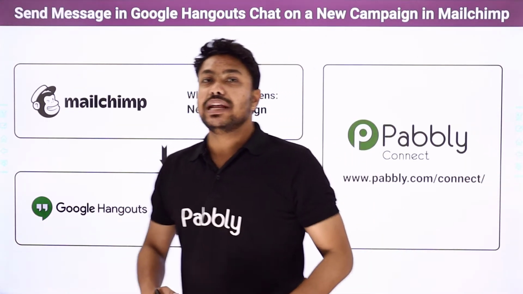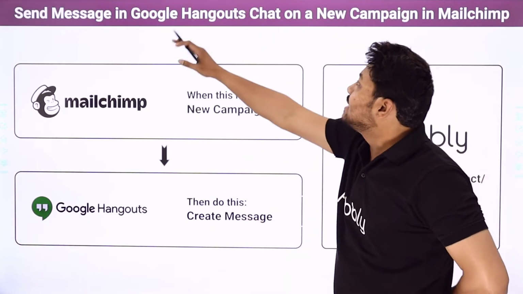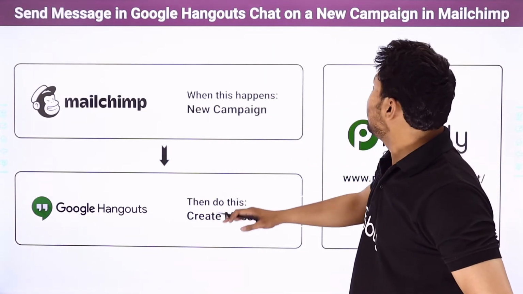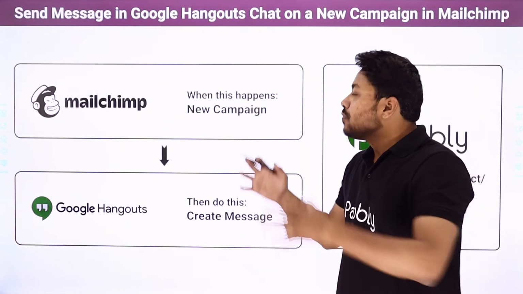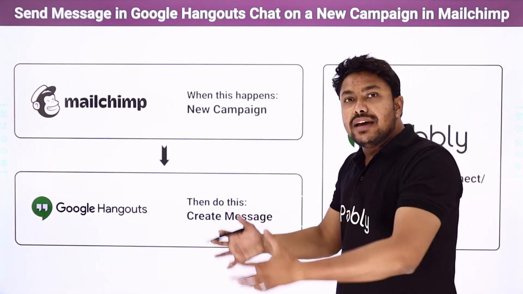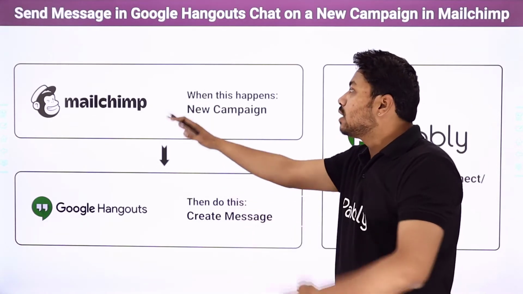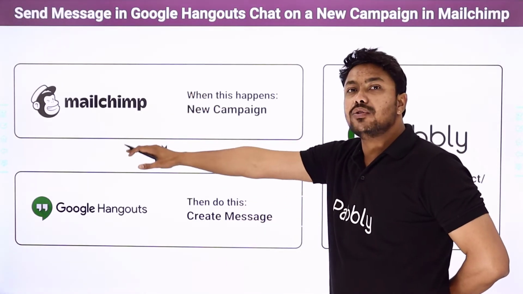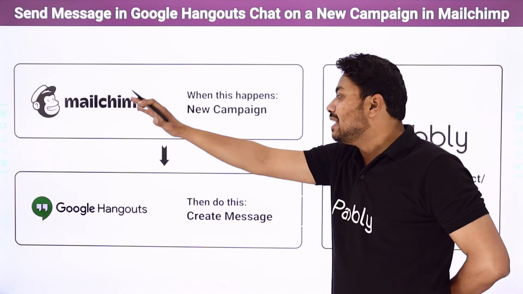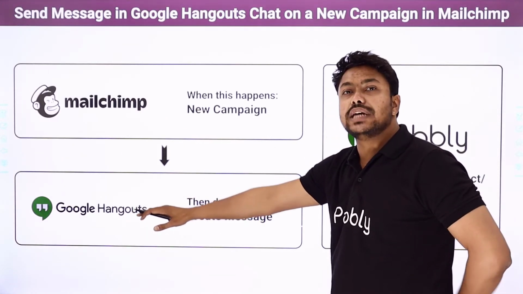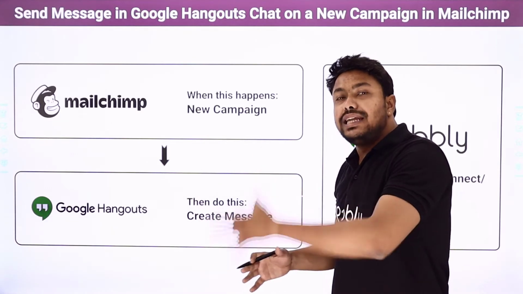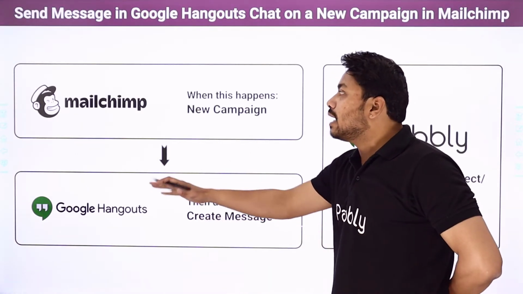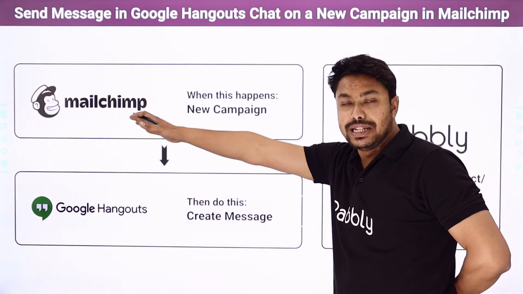So today I am going to tell you how you can send messages in Google Hangouts chat whenever there is a new campaign on your MailChimp account. Now, what is happening here? Whenever you are creating a new campaign in your MailChimp account, that would automatically be sent to your Google Hangouts channel, and on that particular channel all of your team members will be notified about the new campaign in your MailChimp account.